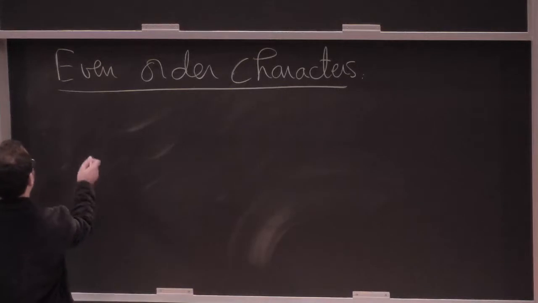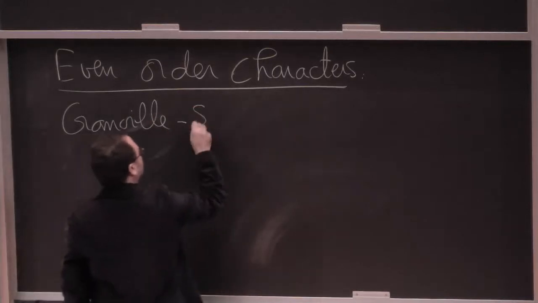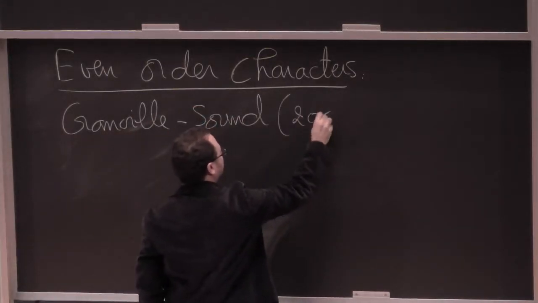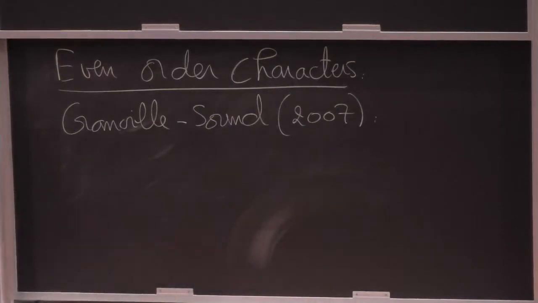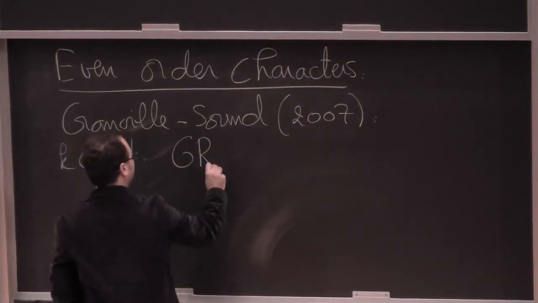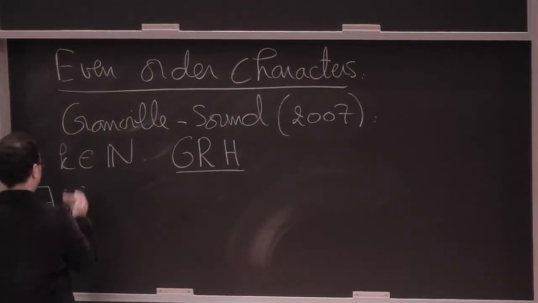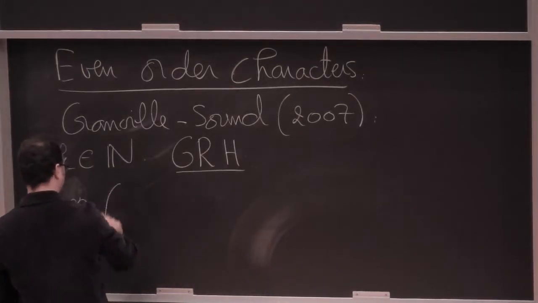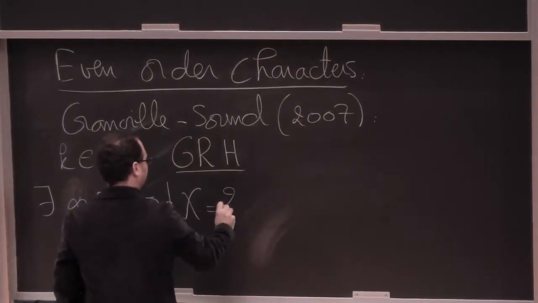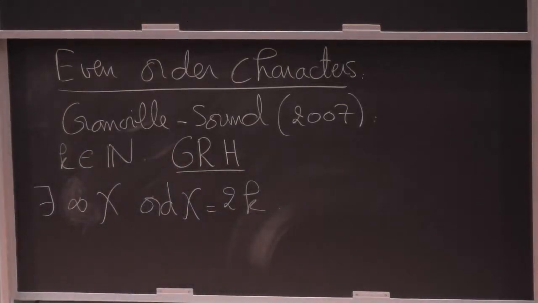So for the omega results, extending Paley's, Granville and Soundararajan in 2007 proved that for any k in N, if you assume GRH, then there exist infinitely many characters with order 2k, for which the character sum gets as large as square root of q log q, with a constant.